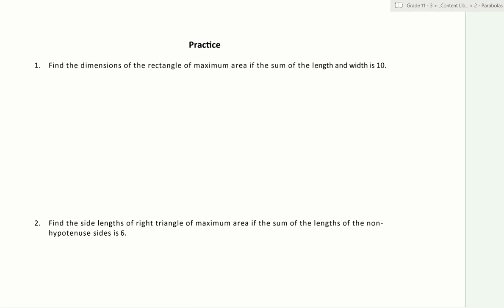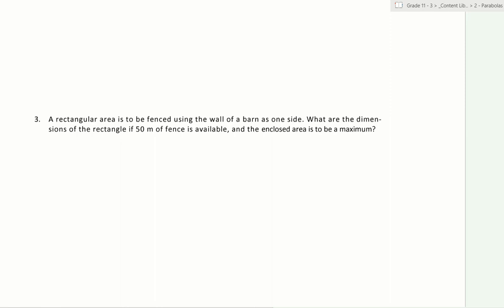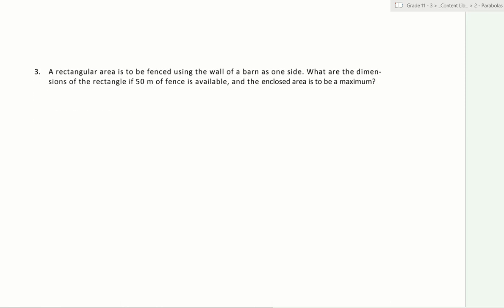I will mention as well that some of these only have one wall up against something. It says a rectangular area is to be fenced using the wall of the barn as one side. Just because it might be a little confusing, if you have a barn, and this is viewed from the sky, looking down on the situation, so there's the barn.